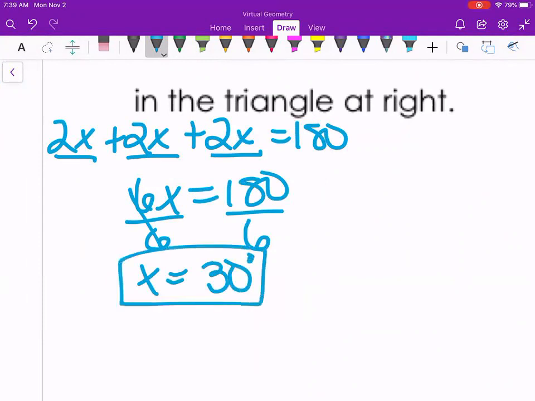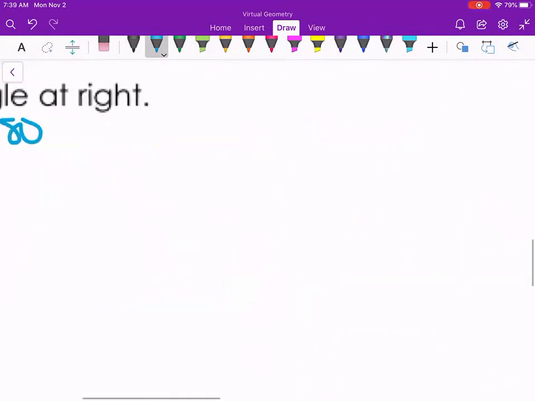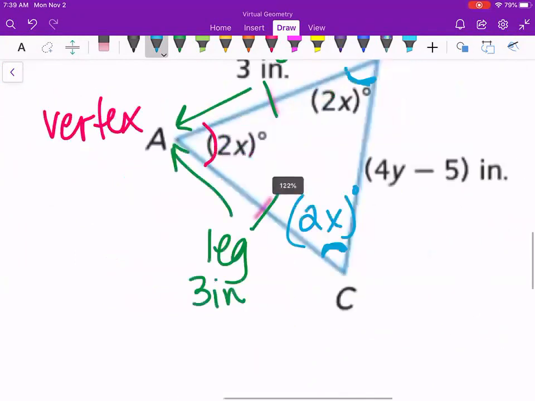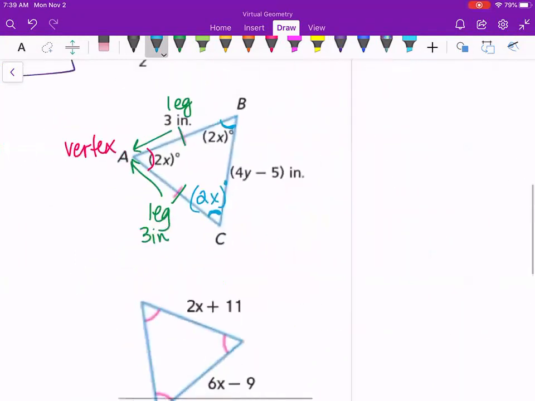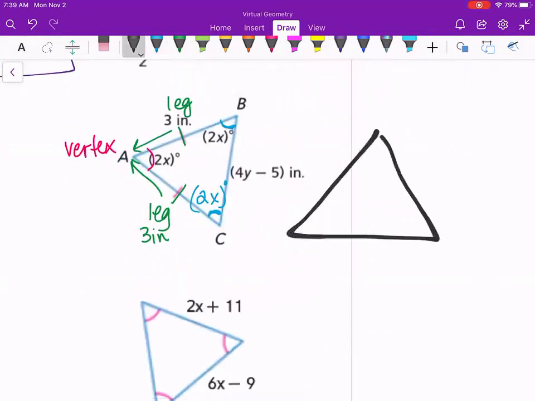So there's my missing x. And when I go back to these triangles and plug them in, I have 2 times 30 for each one of these. So 60, 60, and 60.